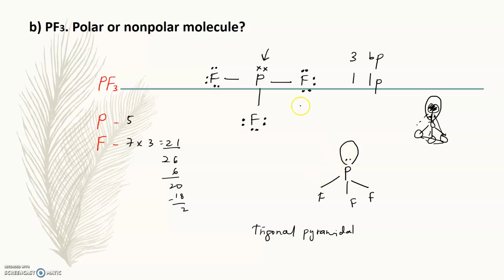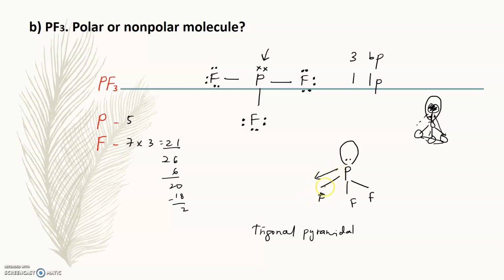Okay, so between phosphorus and fluorine, okay, kita tengok daripada electronegativity of its atom. Okay, so fluorine more electronegative than phosphorus, so the dipole moment, the arrow go to fluorine.